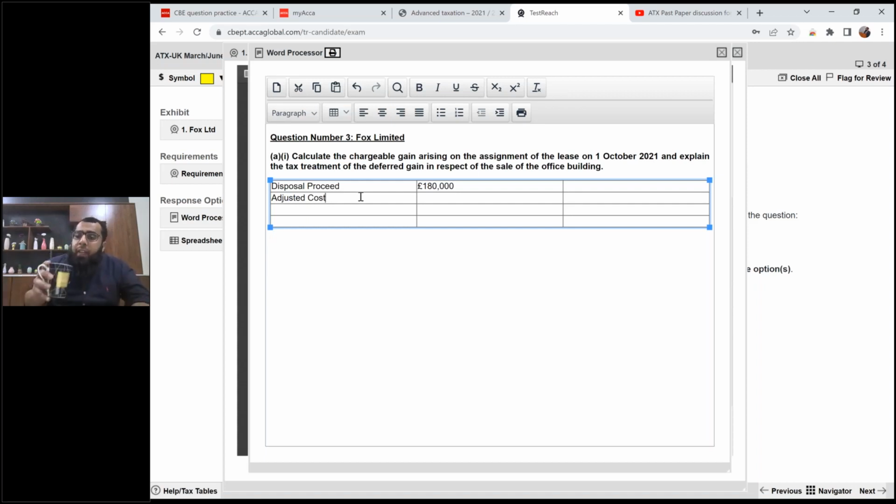Why adjusted cost, will anyone tell me? If the lease is of less than 50 years, we use adjusted cost because it is a wasting asset. Okay, I hope you all remember.